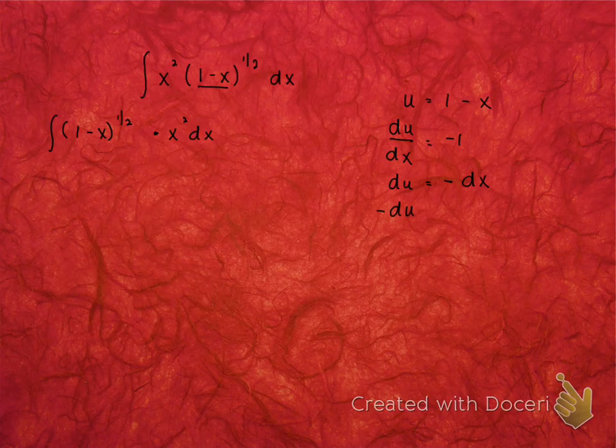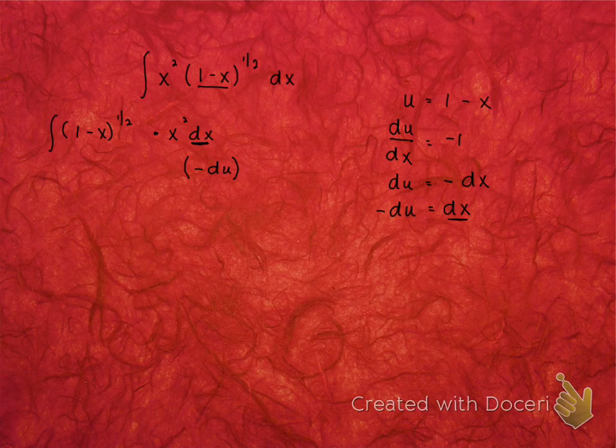So negative du is equal to dx. So as far as the dx is concerned, that is a rewrite. In other words, negative du will replace dx, okay? Negative du, because dx is equal to negative du, will write negative du in place of dx.